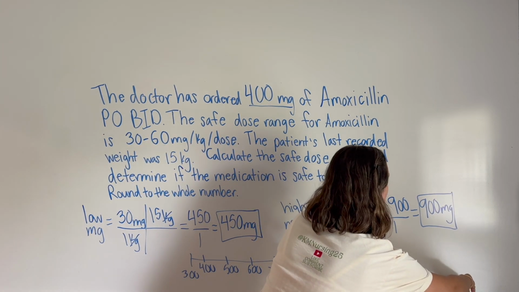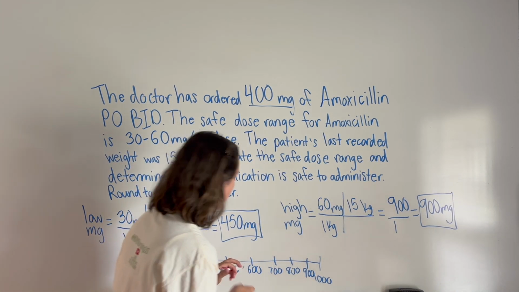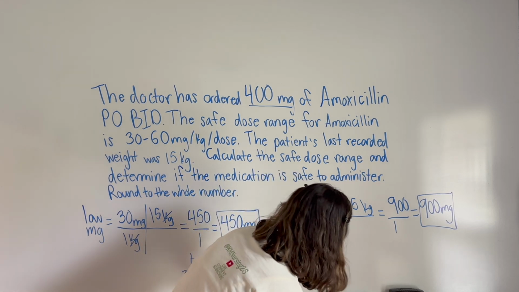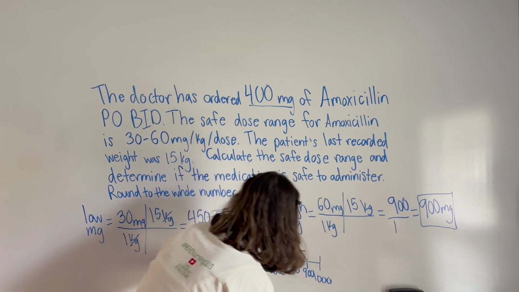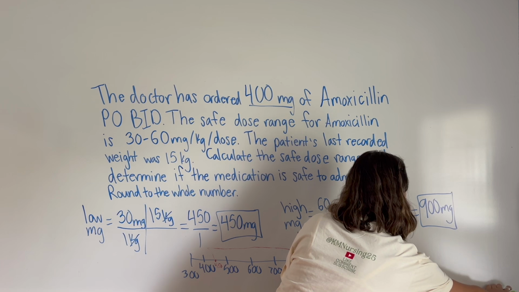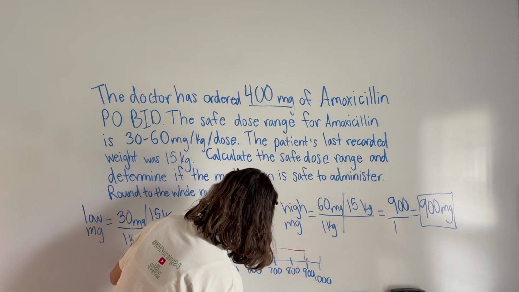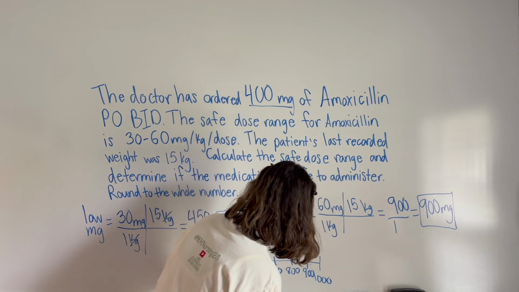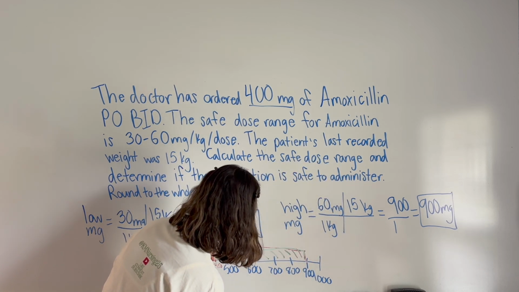And now I like to determine what my safe dose range is. So I have 900 and 450. We'll put 450 right here. We've got 900 already. And then if I draw my range right here, this is all safe.